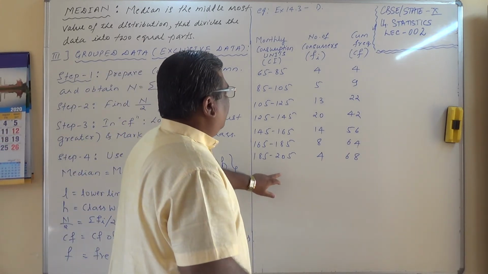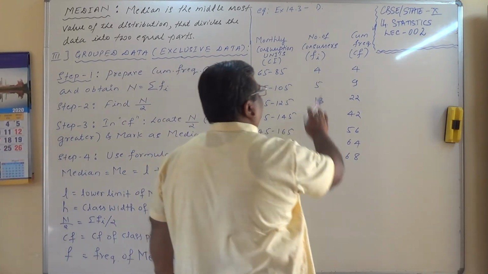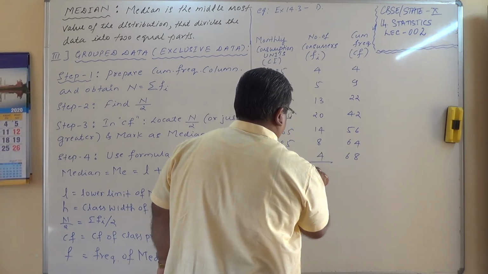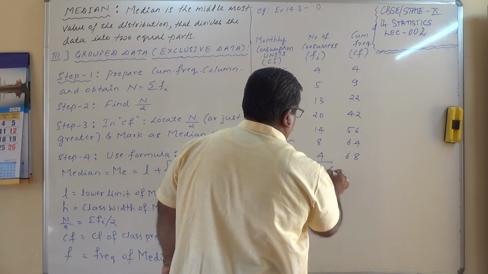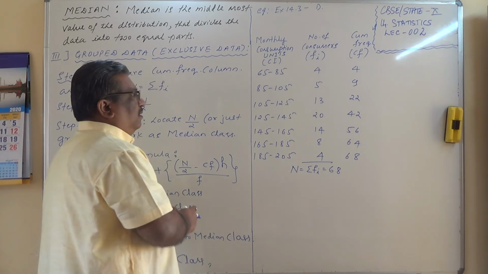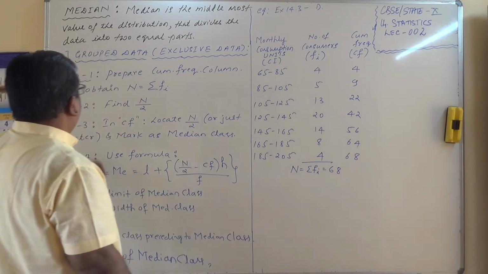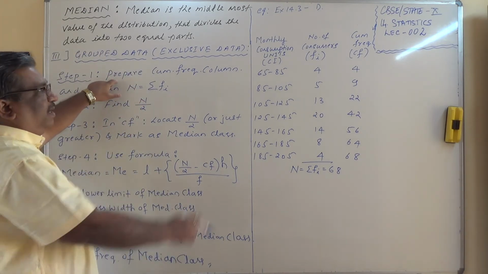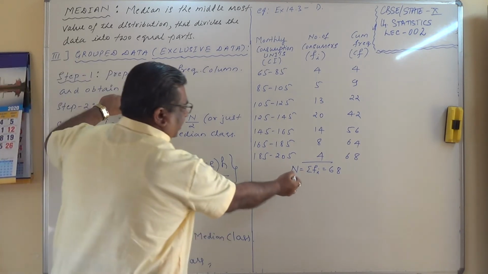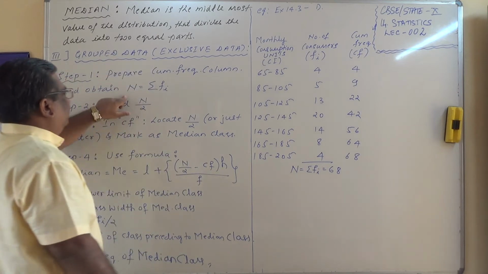So what do we require over here? Sigma Fi is required, which is equal to 68. Let us follow the steps now. Step 1, prepare the cumulative frequency column and obtain n equals sigma Fi, which is 68.